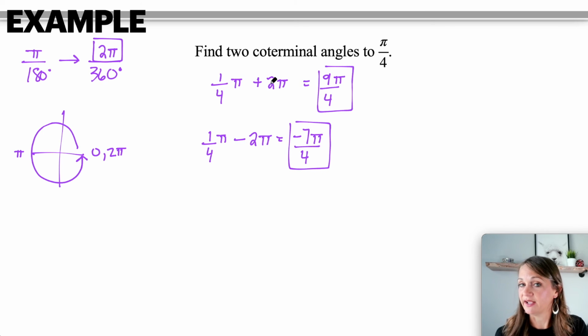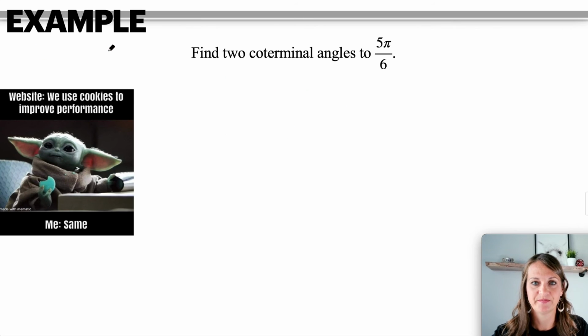Or I could add 2 pi again, and I would have gotten 17 pi over 4. So in the case of any radian measure, you are going to add and subtract 2 pi. So I would like for you to pause the video, attempt to do this problem of 5 pi over 6, and then resume to see the answers.